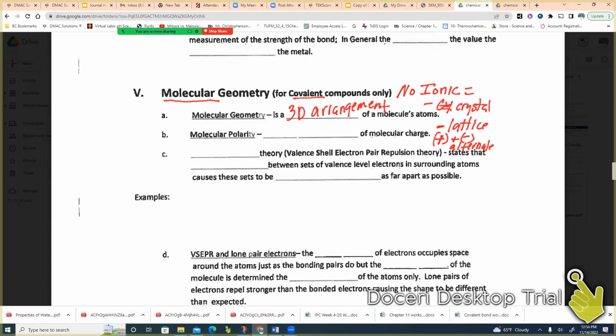And the molecular geometry can sometimes lead to polarity, which is the uneven distribution of the molecular charge, and that's going to be because of electronegativity differences. And we talked about that under periodic table trends.